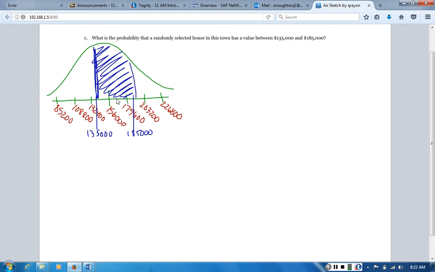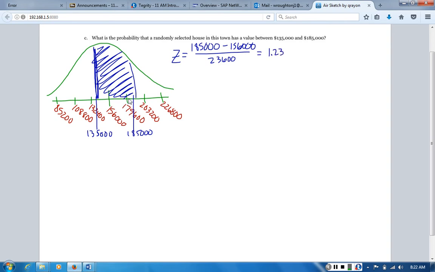So that's our next thing we want to do, actually calculate our z's. And generally when I do the between rule, I do the larger one first. It doesn't matter which one you do first though. So we're going to do 185,000 minus 156,000 over our 23,600, which gives us a z of positive 1.23.